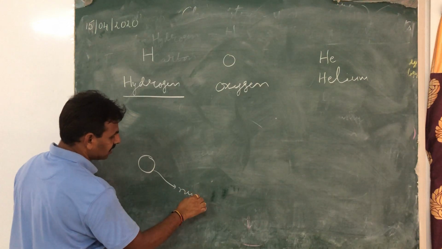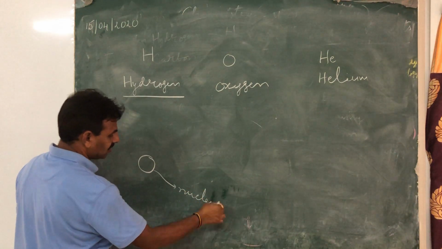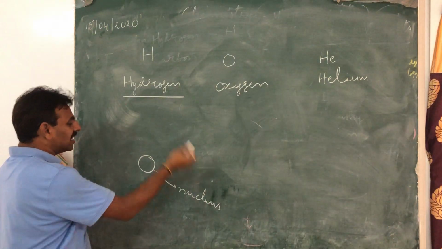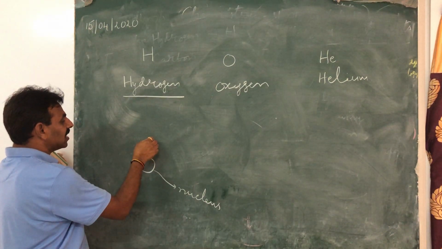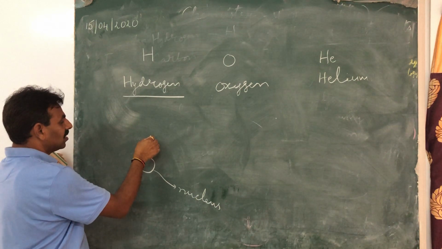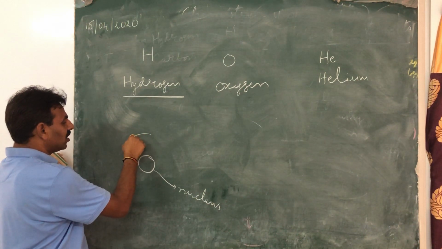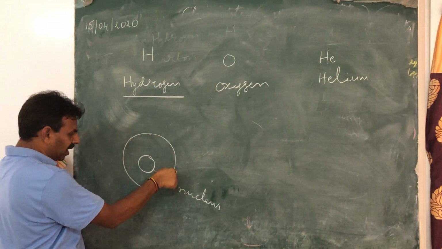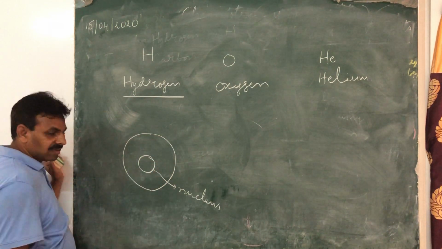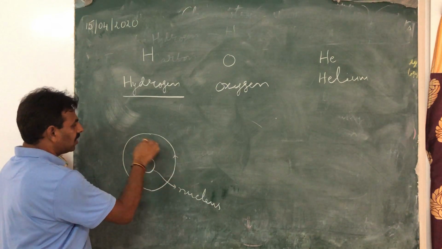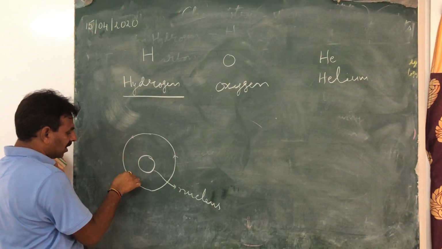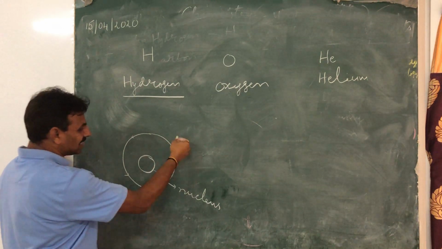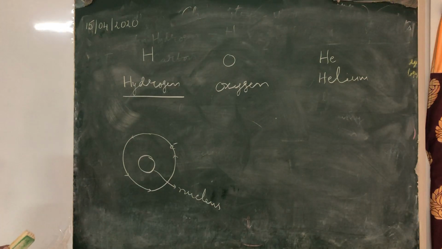It is named as nucleus, surrounded by negatively charged electrons revolving around the nucleus in certain paths. This is the path actually, I am drawing some path, and this may be a circular path where you can find this electron which is revolving.